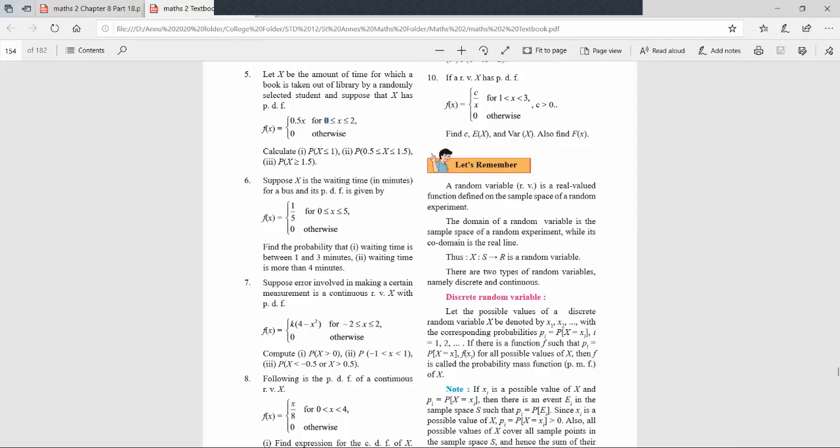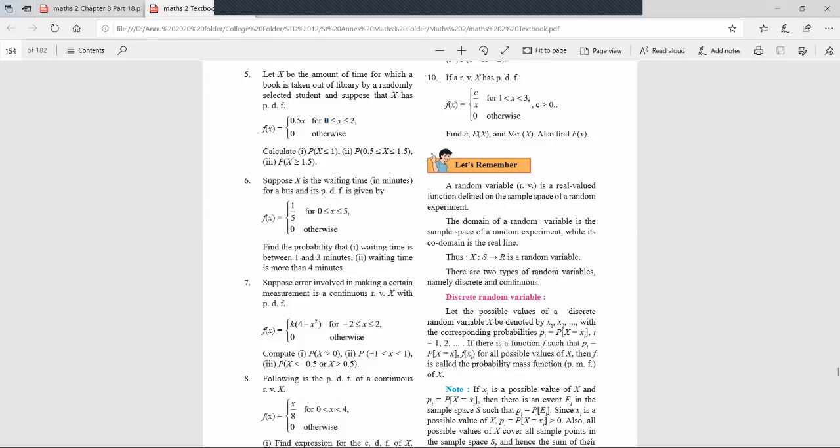So I hope you all are following sums number 5 and 6 very nicely. Coming towards the next sum, number 7. Suppose the error involved in making a certain measurement is a continuous random variable x with the PDF given as f of x is equal to k into 4 minus x square, and the condition put on is minus 2 less than or equal to x less than or equal to 2.